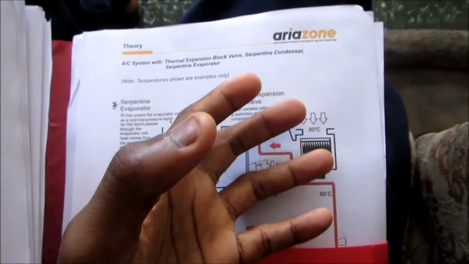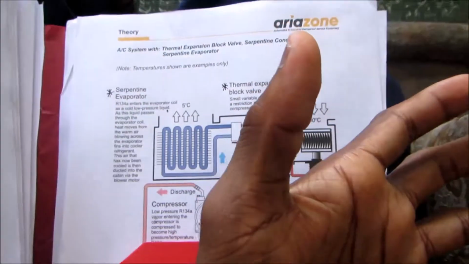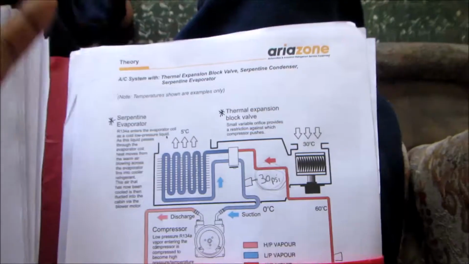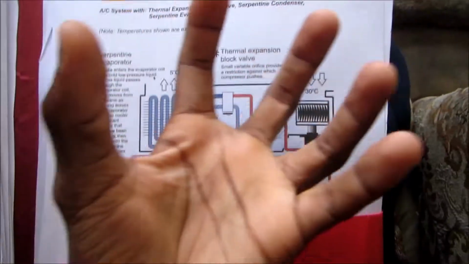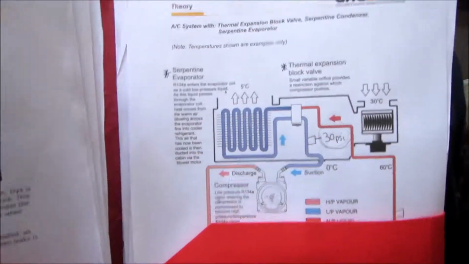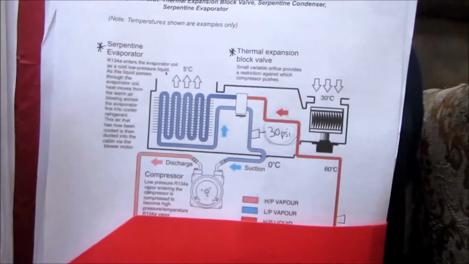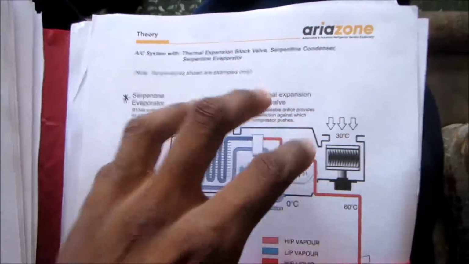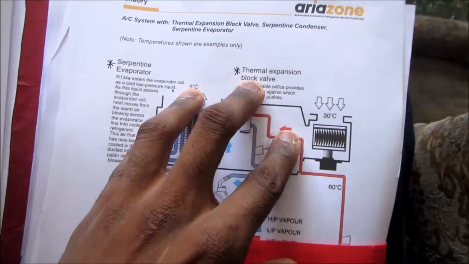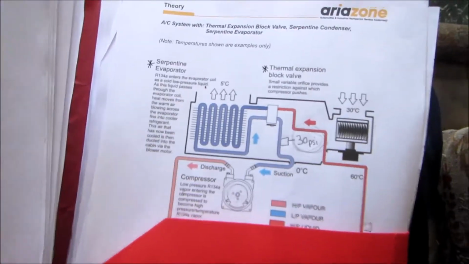So if outside it's cold, you can condition the air to be hot via the heater system, and if outside is hot, you can condition the inside air to make it cold. So it's just to make the inside of the car comfortable. Basically, that's what air conditioning means. This will be about the cold aspect of it. We will talk about the heater aspect next time. So let's get into it.